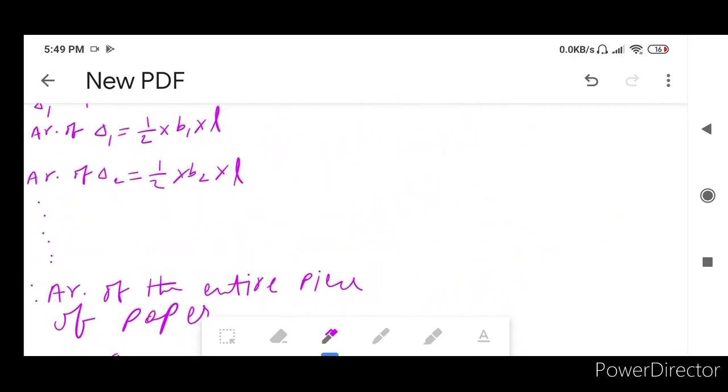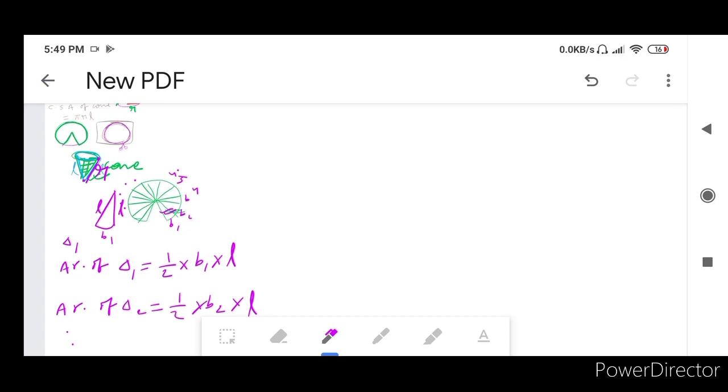Now basically, what is this B1 plus B2 plus B3? Let us understand this. If we talk about B1, B2, B3, B4, B5, B6 up to infinite, basically this is in the form of a curved part, right? It makes up the curved portion of the circle. Now if I talk about the perimeter or circumference of this circle, what would it be?